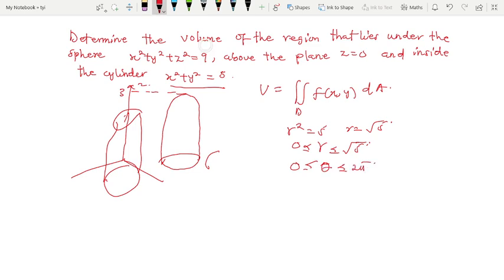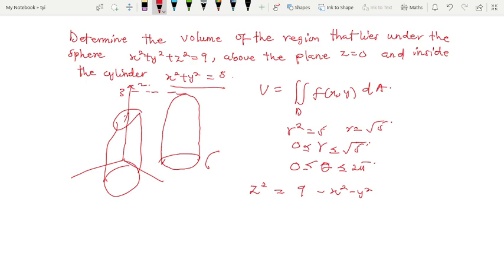We need our actual function, which should be in the form of our r and theta, right? So you make z squared the subject, because the plane is where z is equal to 0. So z squared is going to be equal to 9 minus x squared minus y squared.